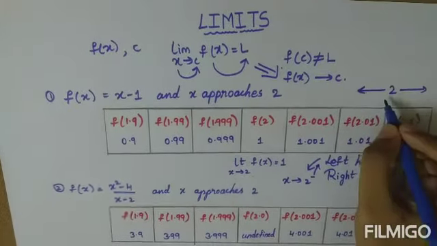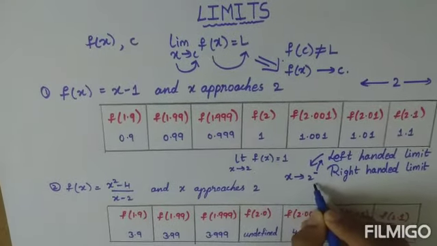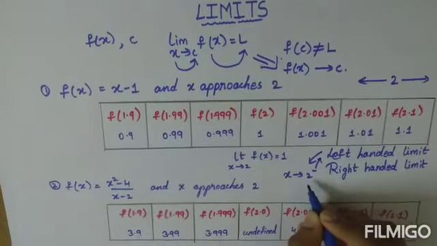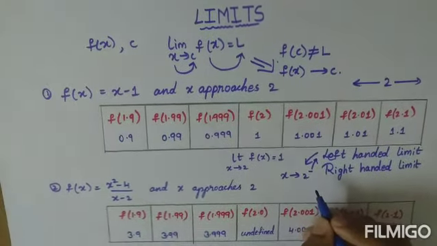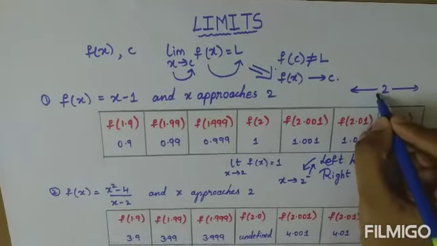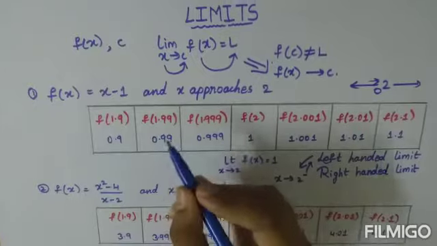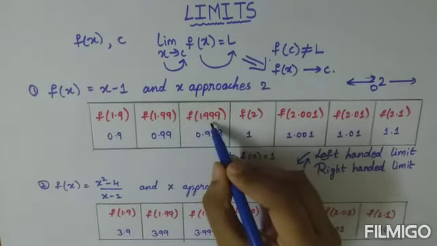This left hand side we can observe from the number system. When we are saying x is approaching 2 from left hand side, it doesn't mean x is equal to some minus 100 or minus 200. It means the values which are much closer to 2 from the left hand side, like 1.9, 1.99, 1.999.